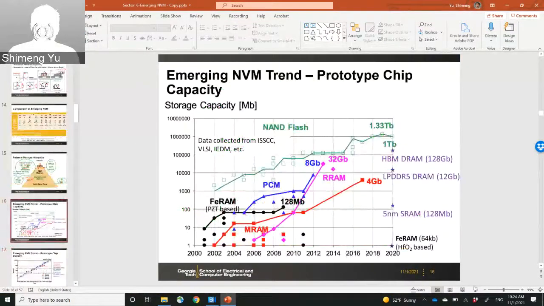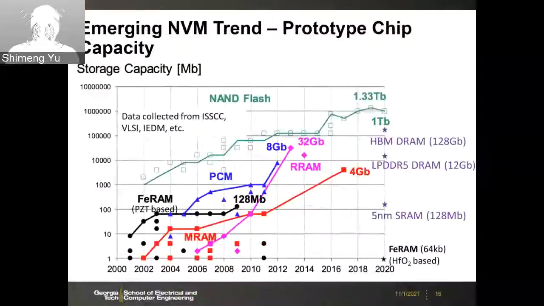Okay, in terms of the research, this is a summary of prototype chips reported in the major conferences like ISSCC and VLSI, in terms of the capacity of a single chip. Here the green one is NAND flash, and we have 3D NAND flash, and you see the 1 terabit as we discussed before, by all the major companies.